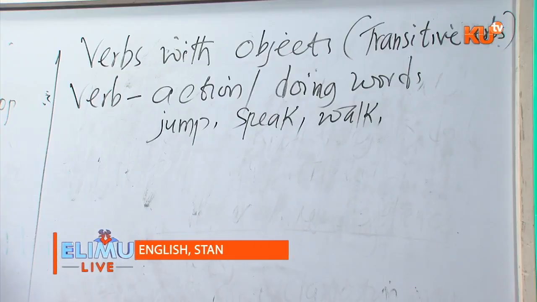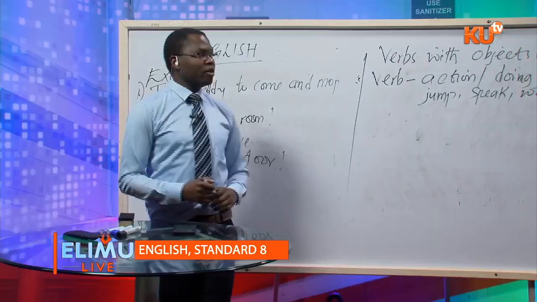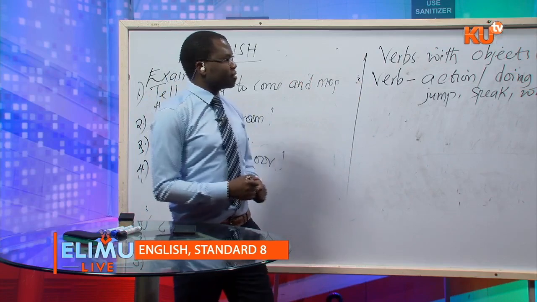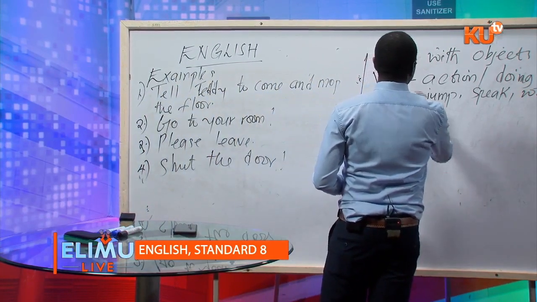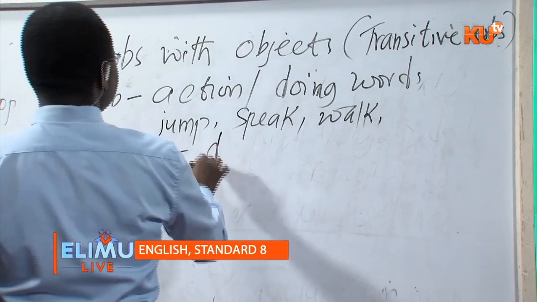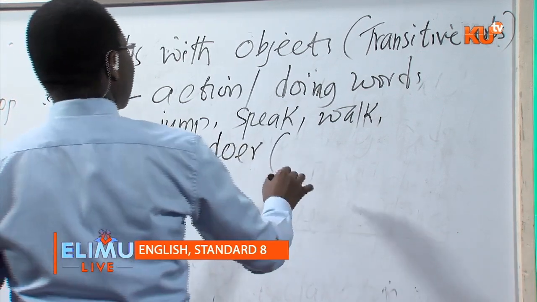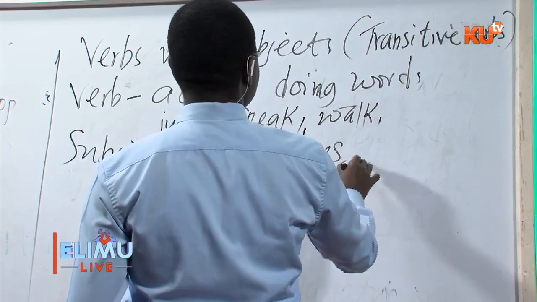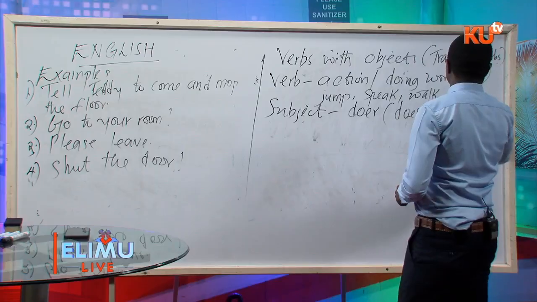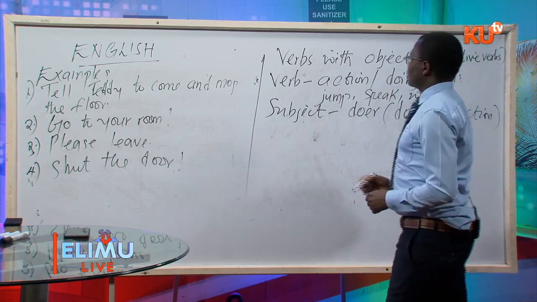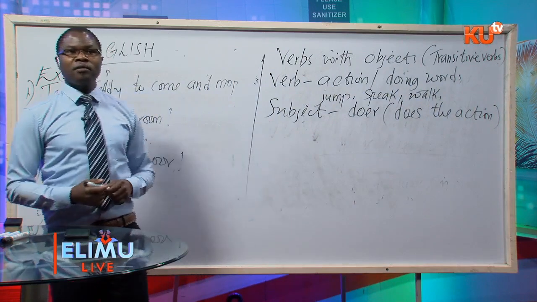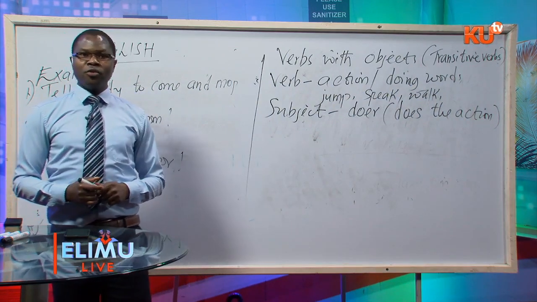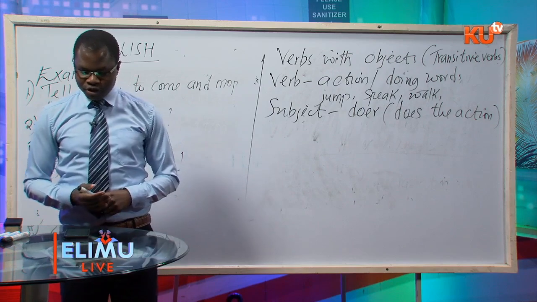So the subject of a sentence does something. Whenever we look at verbs with objects, we normally have what we call a subject. The subject in a sentence is the doer, in other words, the one who does the action.